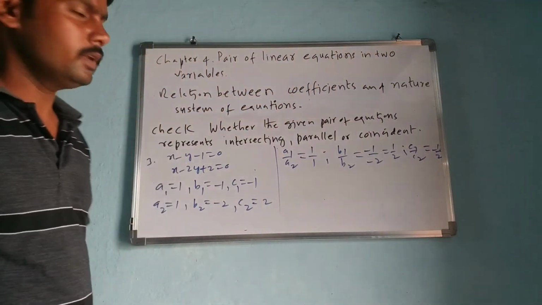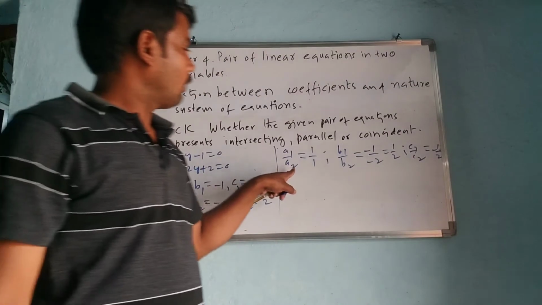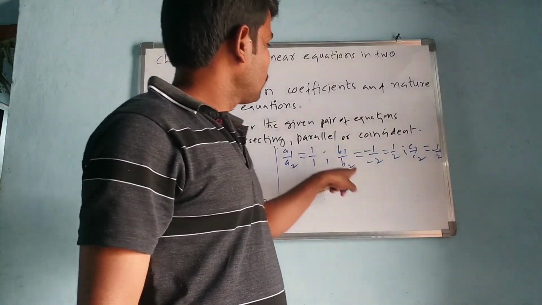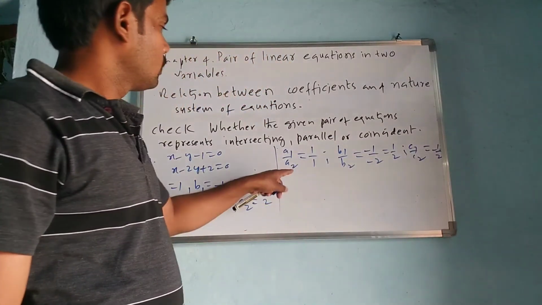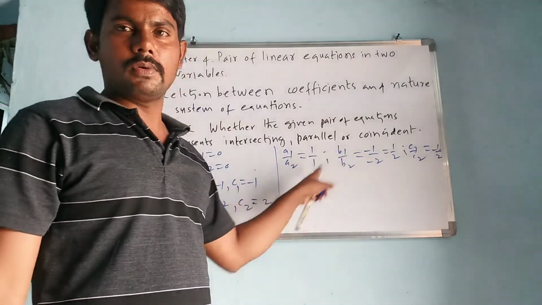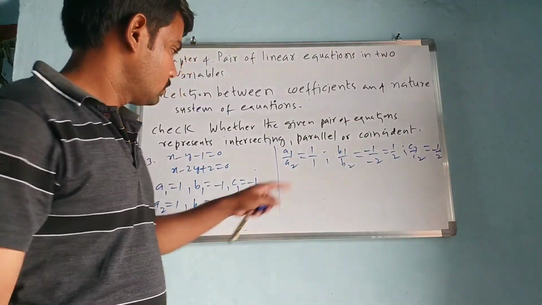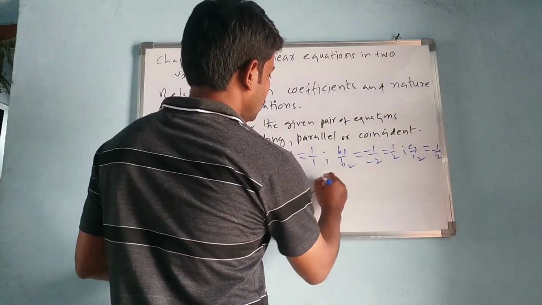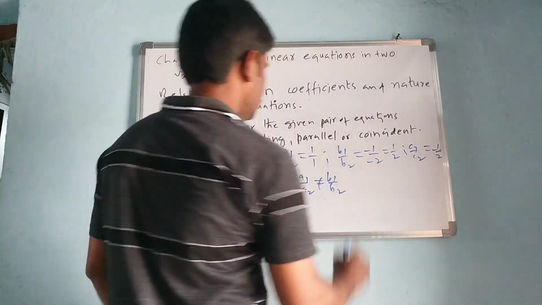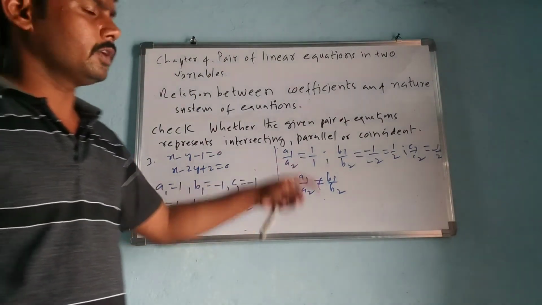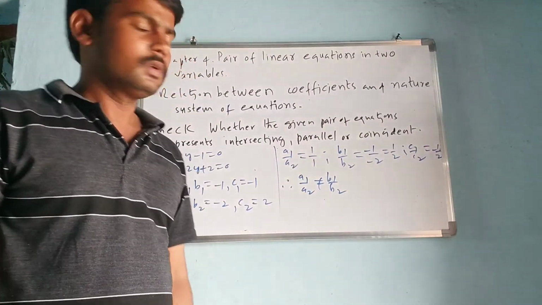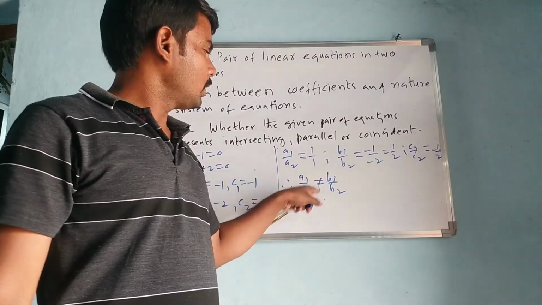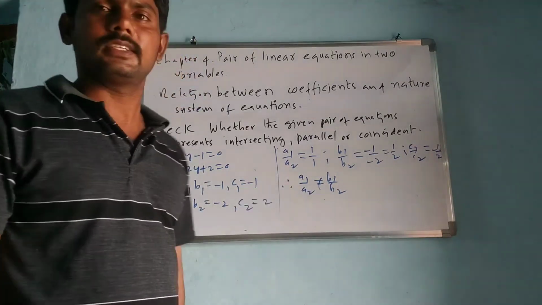So a1 by a2 is different from b1 by b2. Both the values are not the same. So therefore a1 by a2 is not equal to b1 by b2. So if a1 by a2 is not equal to b1 by b2, they are intersecting.